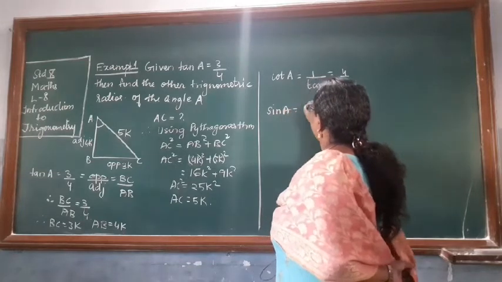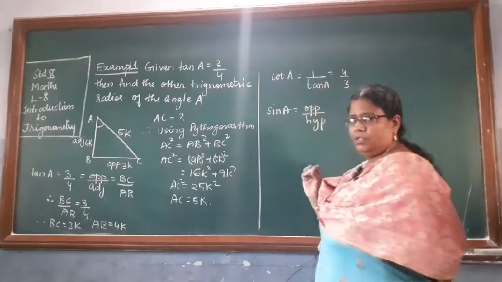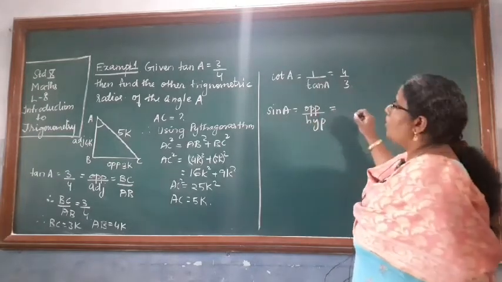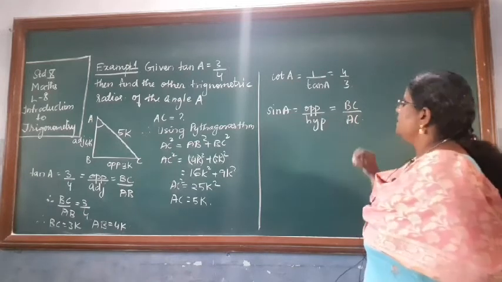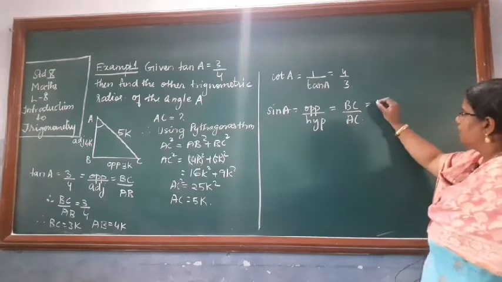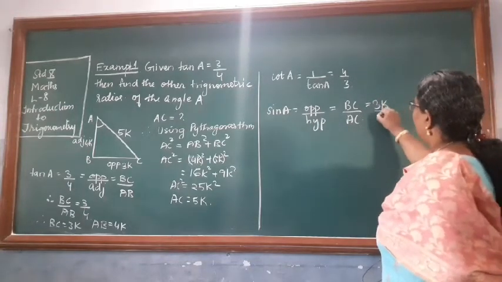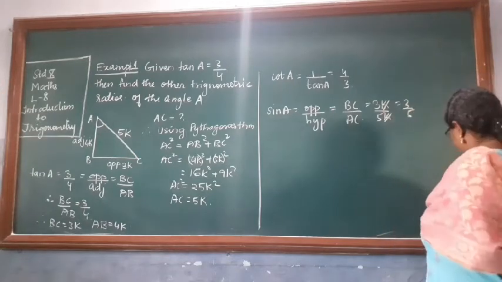Sin A is opposite upon hypotenuse, isn't it? Now opposite of A is BC and hypotenuse is AC. So this will be 3k by 5k, which is equal to 3/5.